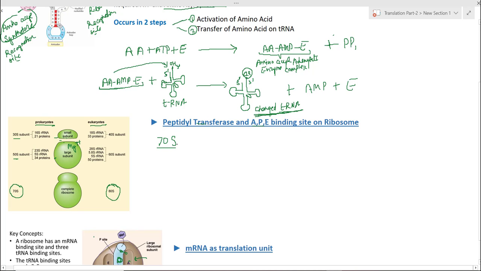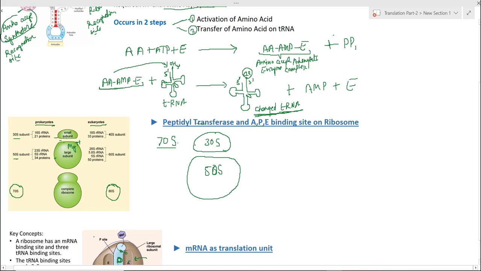We are discussing the 70S ribosome of prokaryotes, and it is made up of two subunits: the 30S small subunit, and the large subunit, which is 50S.